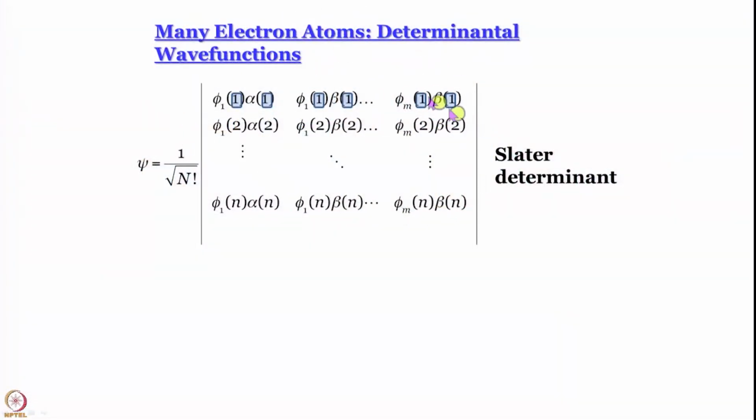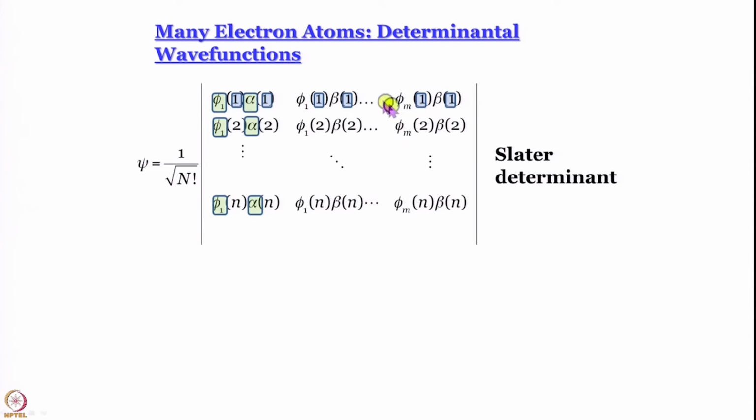Upon going from left to right, the electron label remains the same in a row and the spin orbitals change going from lower energy to higher energy, and upon going from top to bottom the spin orbital remains the same, and the labels change from 1 to 2 to 3 and so on up to n. Alright.